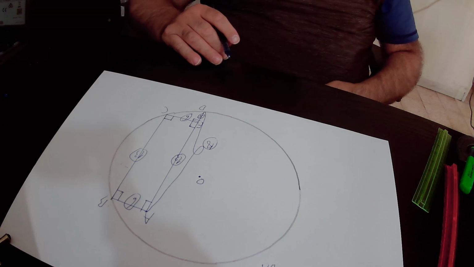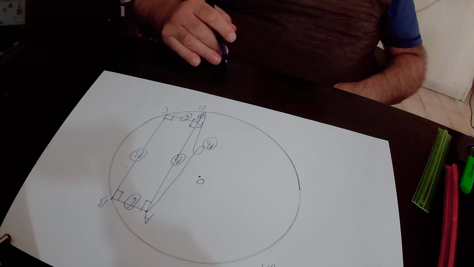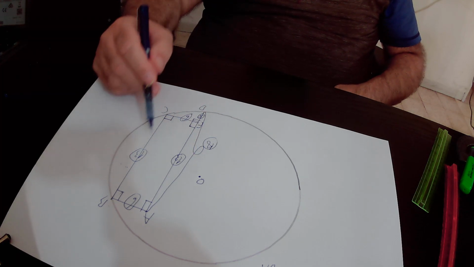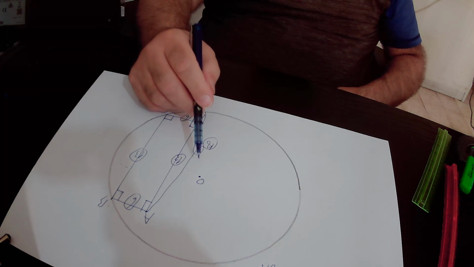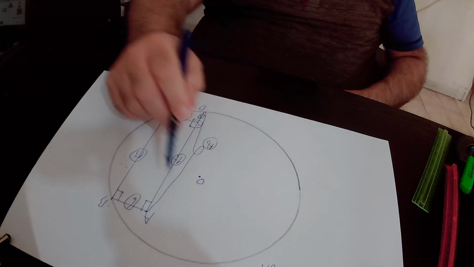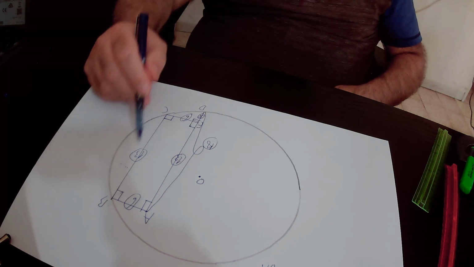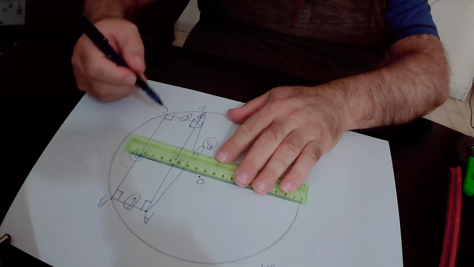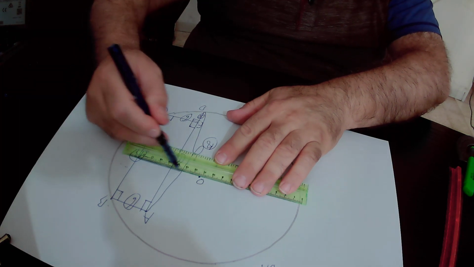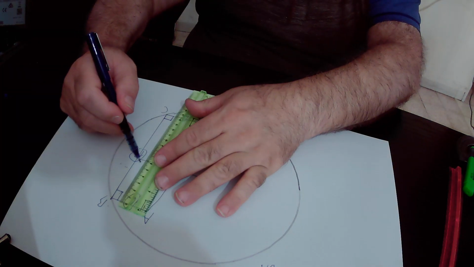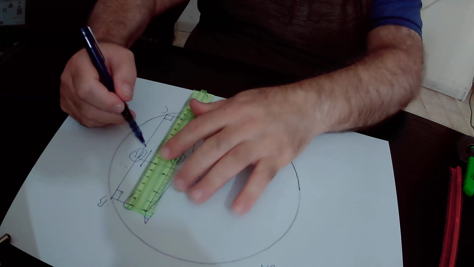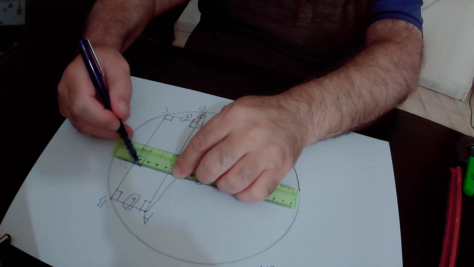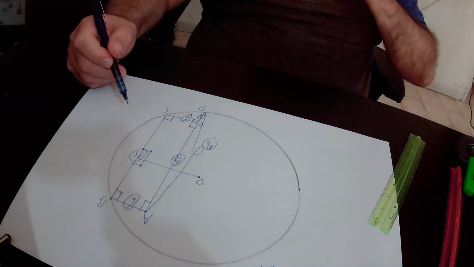In the second method, from point O, that is the center of this circle, we will draw a perpendicular on BC. Again, from point O, that is the center of this circle, we will draw a perpendicular on chord BC. So actually, this angle equals 90 degrees, and this angle equals 90 degrees according to our construction.